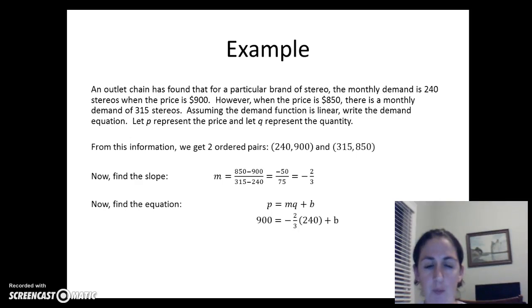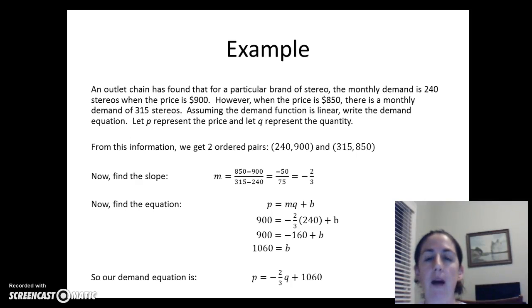I picked that first point. P was 900, m is negative 2/3, q is 240. We'll solve for b. Negative 2/3 times 240 is negative 160. Add that to both sides, and we get b is equal to 1060. So our demand equation is p equals negative 2/3 q plus 1060.